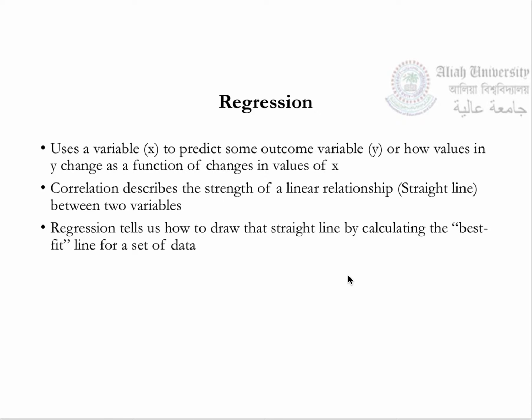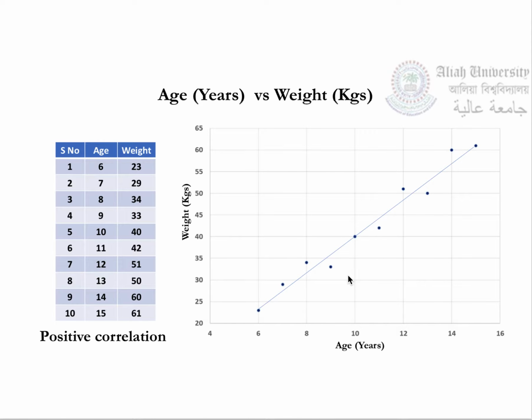set of data. For this, I would also refer to my previous video on correlation analysis, and we'll be taking the example from there. In the previous example on correlation studies, we had just used the scatter plot. Today we take it further for regression analysis.